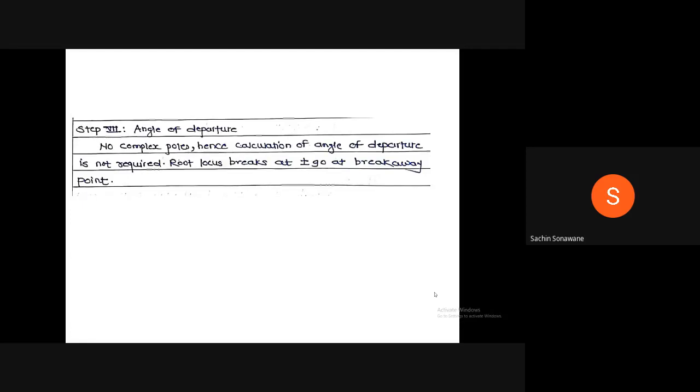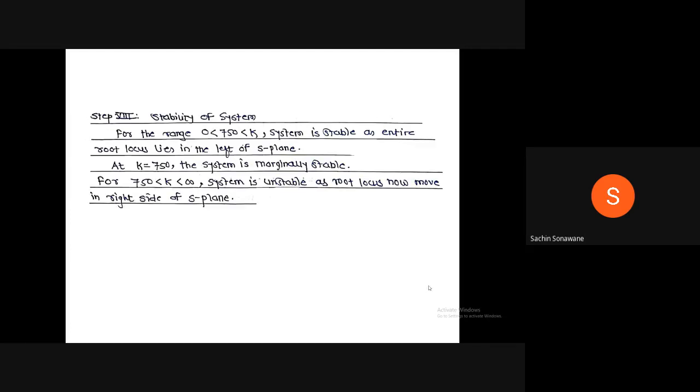Now step 7, angle of departure. Since no complex poles are there, hence calculation of angle of departure is not required. Root locus breaks at plus minus 90 degree at breakaway point. Now stability of system.